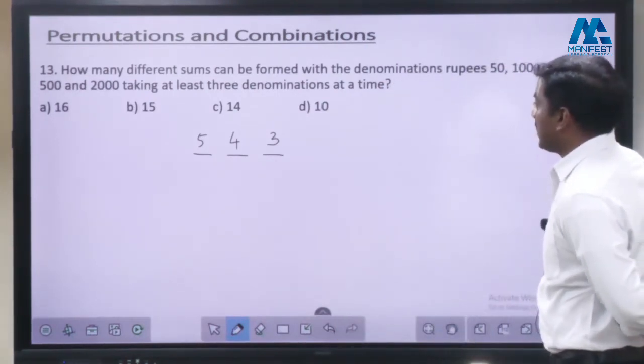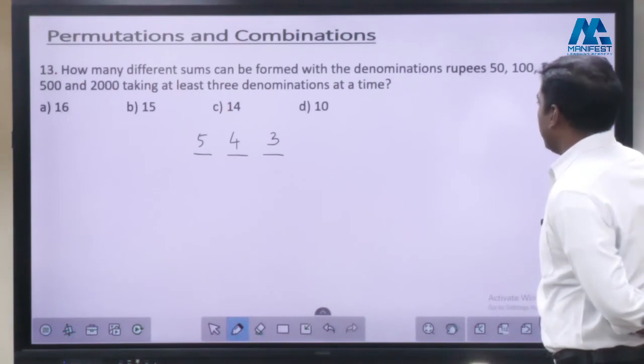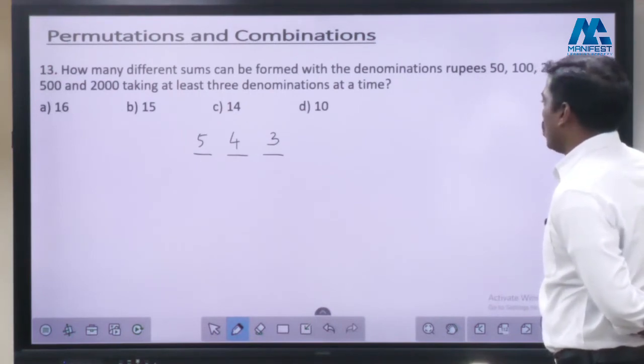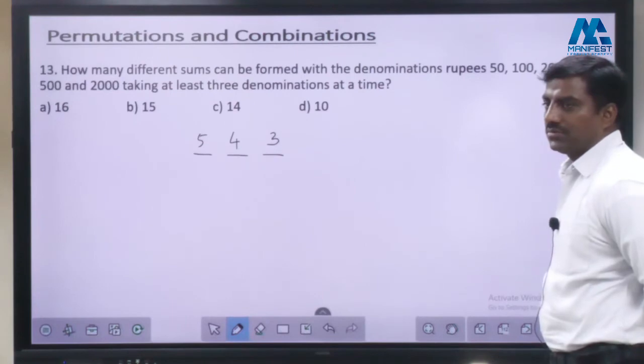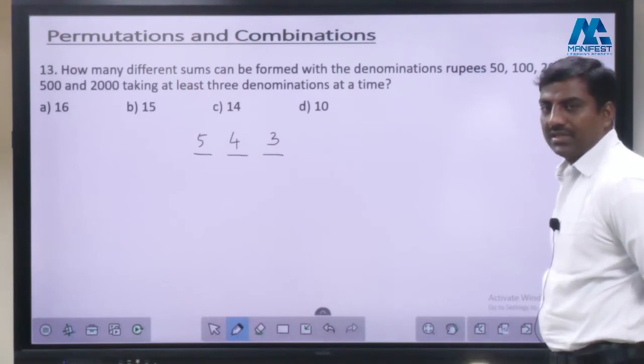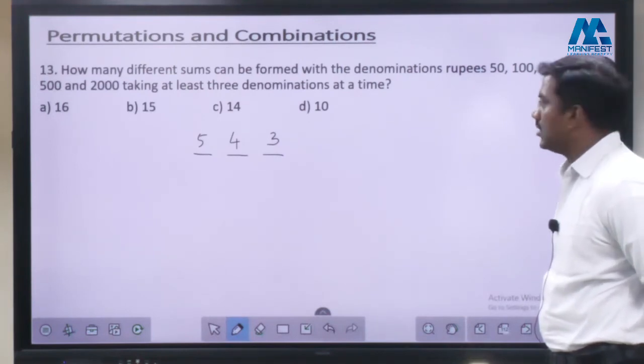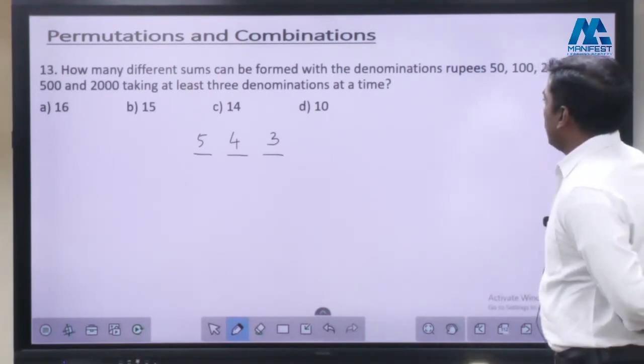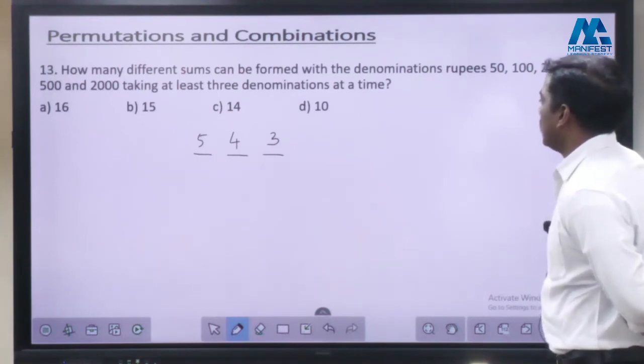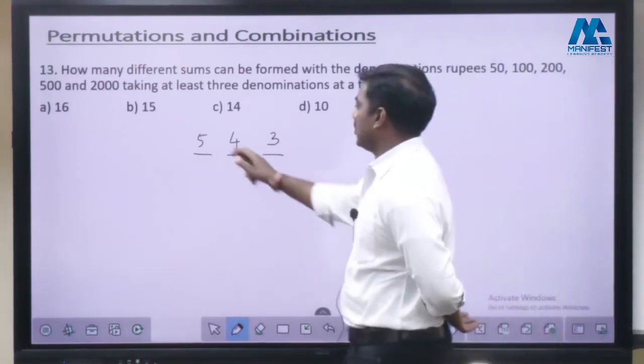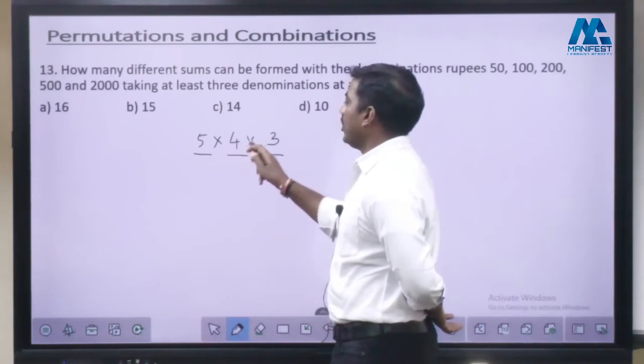How many different sums can be formed with the denominations rupees 50, 100, 200, 500 and 2000, taking at least 3 denominations? Is it correct? So how many here? 5 into 4 into 3.